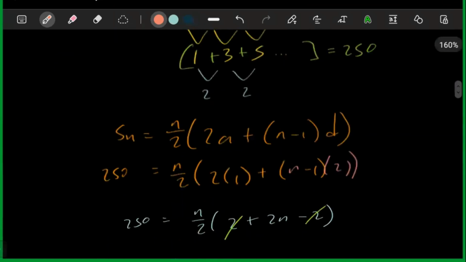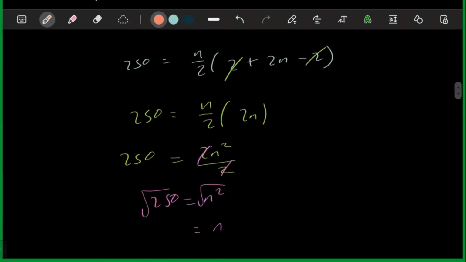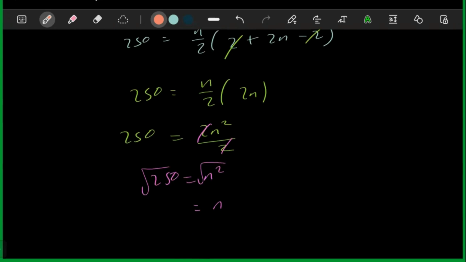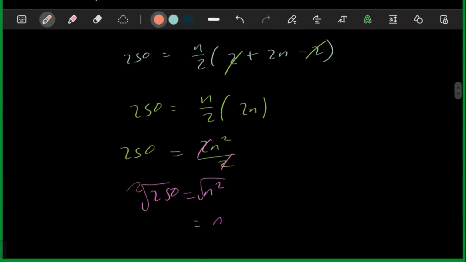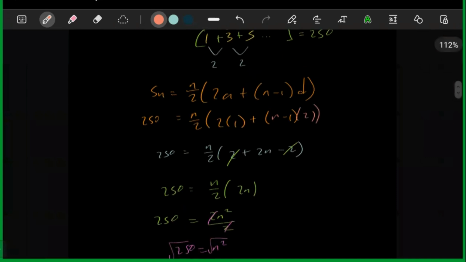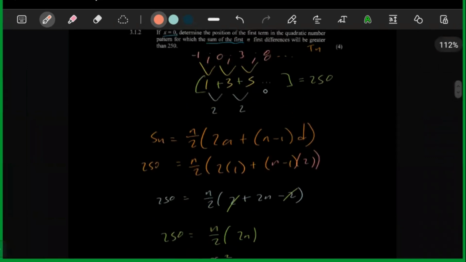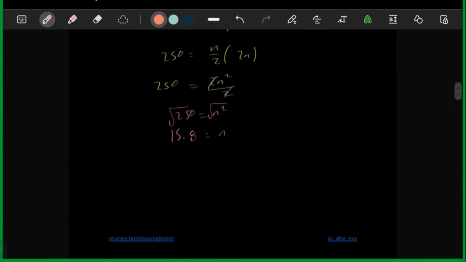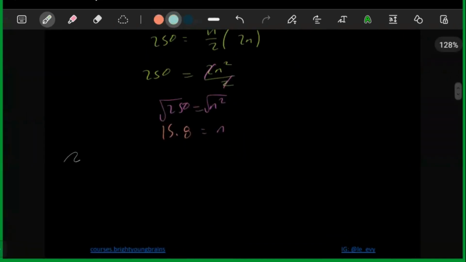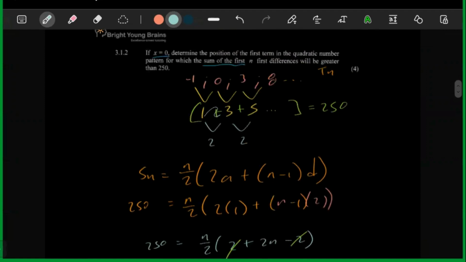So for this particular question, the value that we're getting in the calculator is 15.8. So what this means, logically speaking, is that for us to at least add up numbers until it gives us 250, we have to add up 16 terms in this sequence.